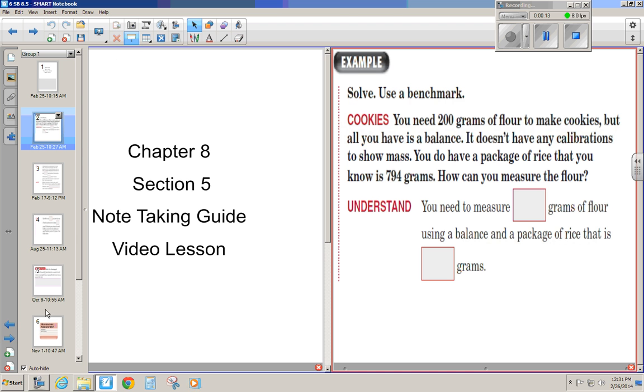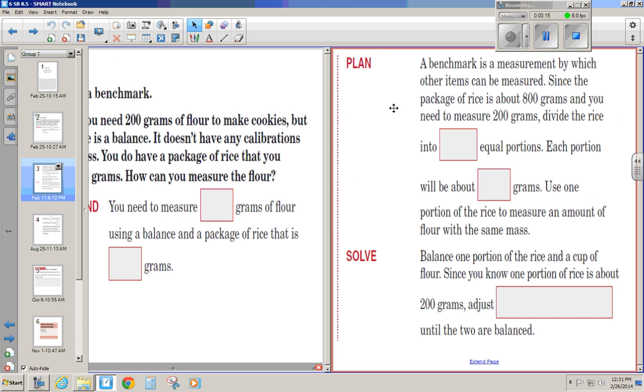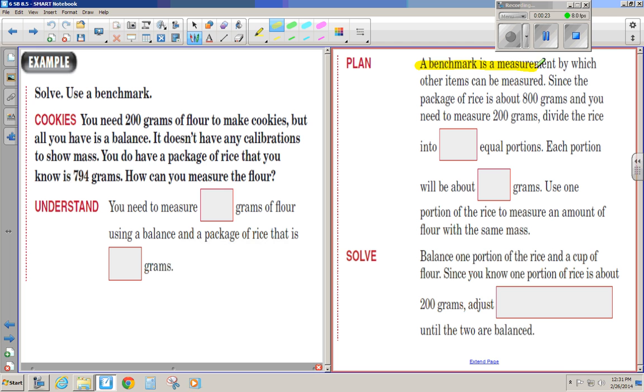A benchmark, let me skip over to here. This is an important piece for you to get down: a benchmark is a measurement by which other items can be measured. Okay? It's just a way of using one thing to measure another.